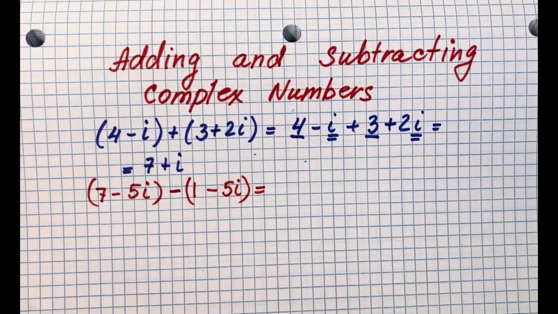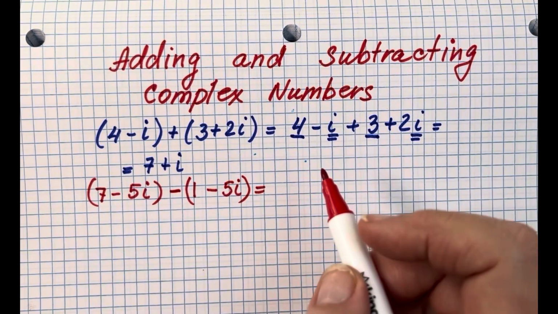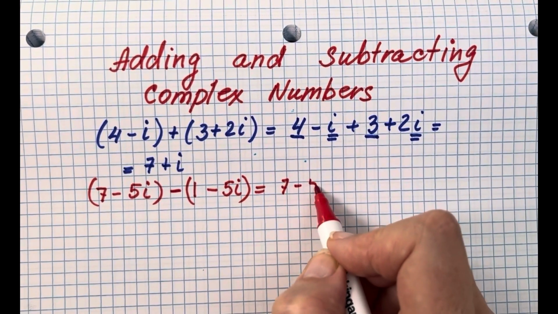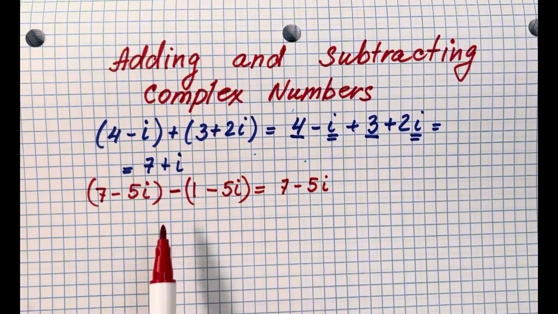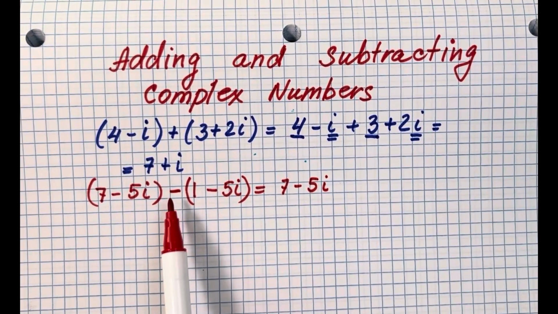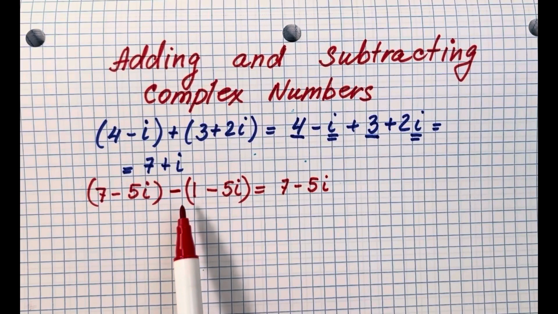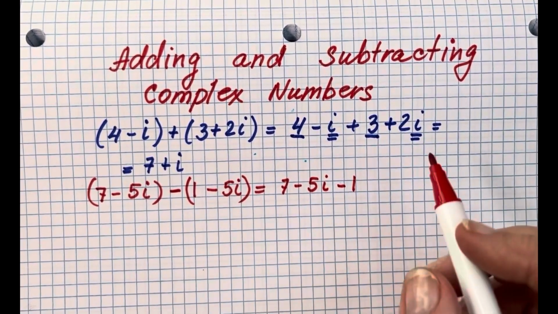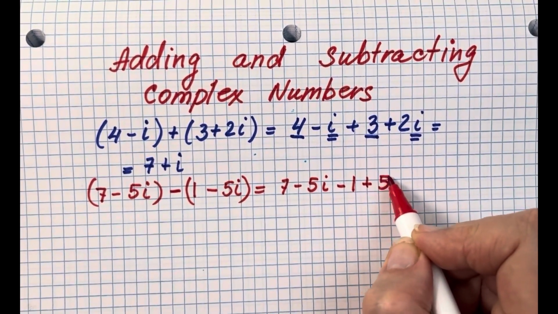So next, in this example, we're going to subtract two complex numbers. The same thing, we're going to open parentheses and then combine like terms. The first parenthesis, we can open: 7 minus 5i. The second parenthesis, pay attention, we're distributing the negative sign. So we will have -1, negative by negative, positive 5i.